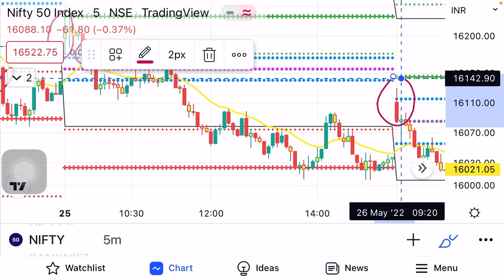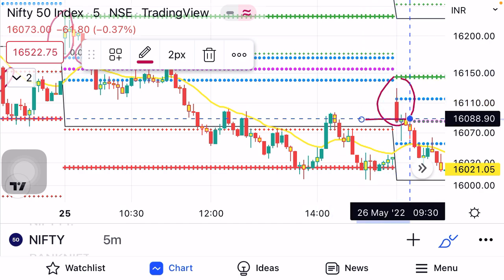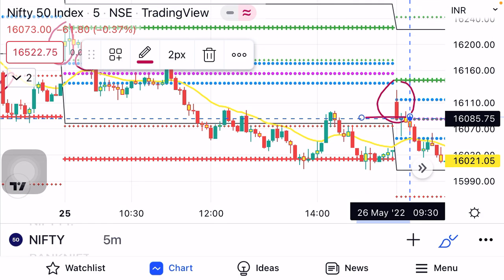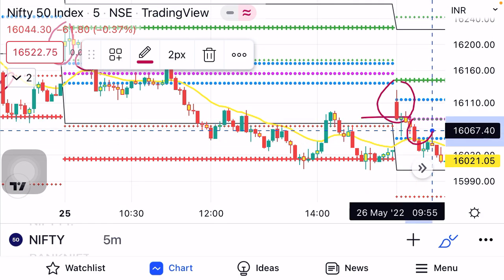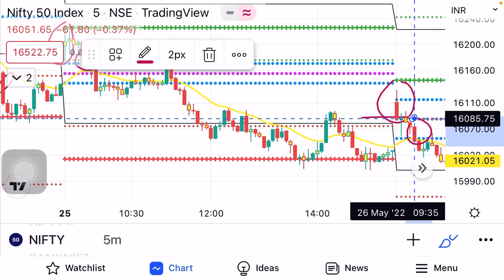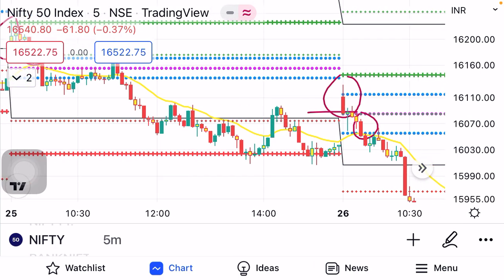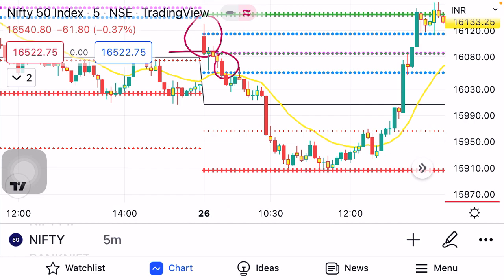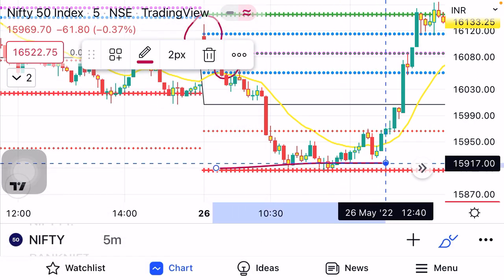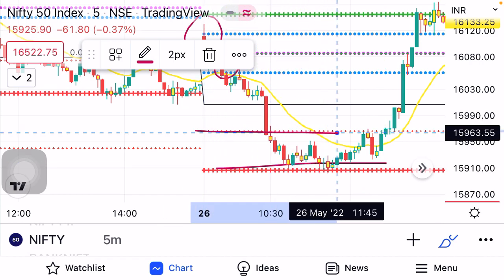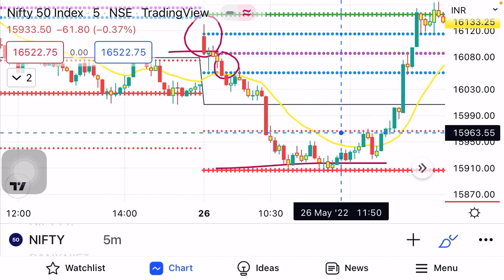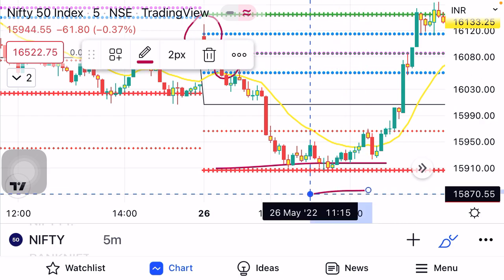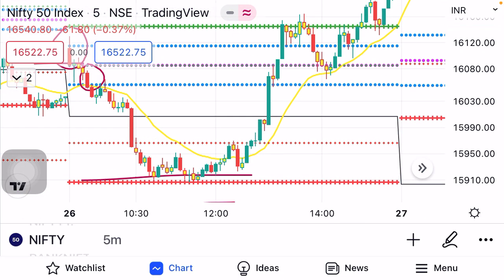You can enter at this point itself, or if you wait, this is the candle confirming that the market is bearish, so you can enter here after CPR crossing. So your target will easily get hit at this point, but you will close your trade here at L3 itself, right? Okay, we'll move on to the next day, that is 27th May 2022.